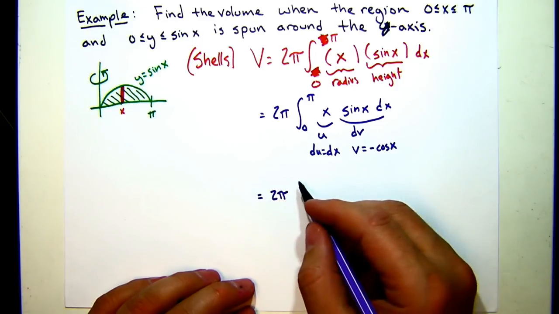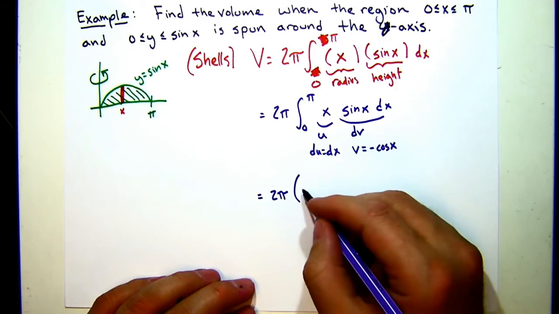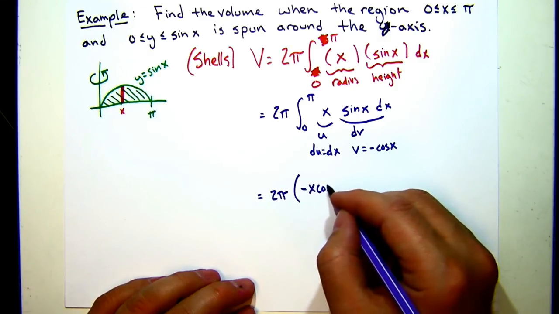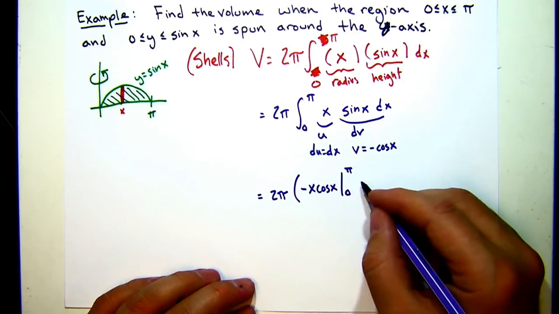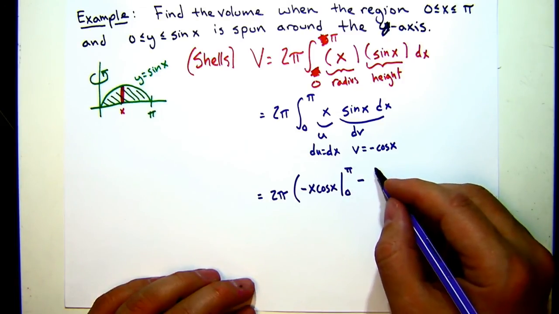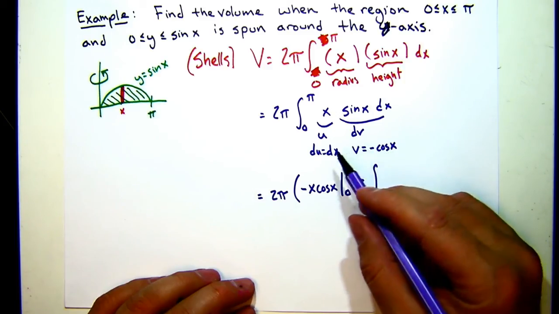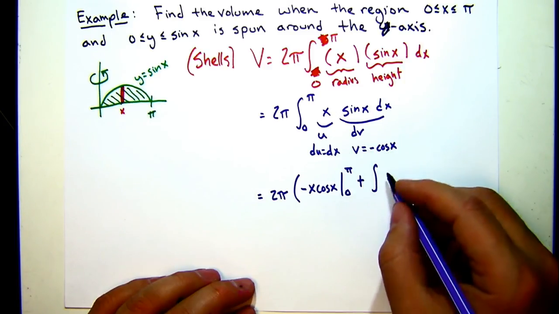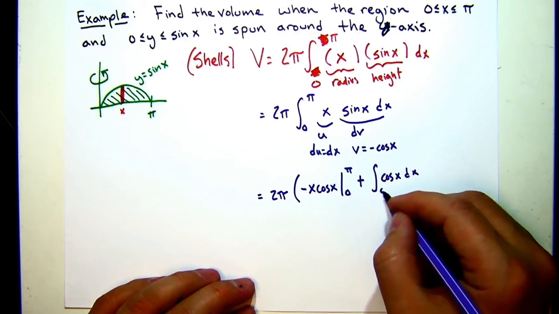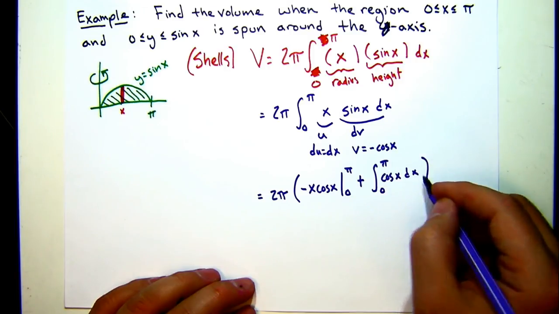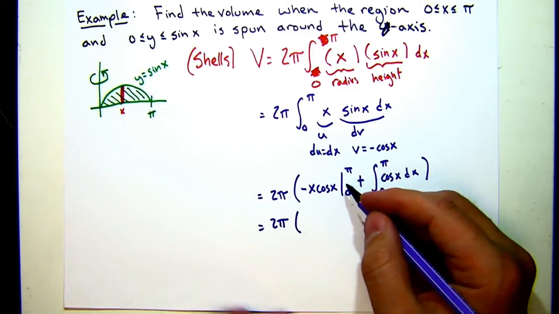So we get that this is equal to 2 pi times, well, uv, minus x cosine x from 0 to pi, minus the integral of v du, minus cosine of x dx, and we're going from 0 to pi.